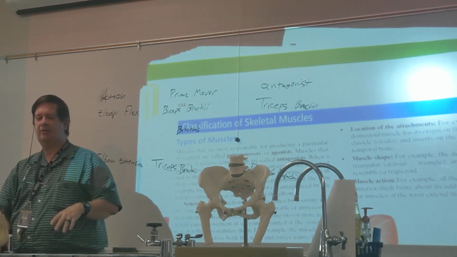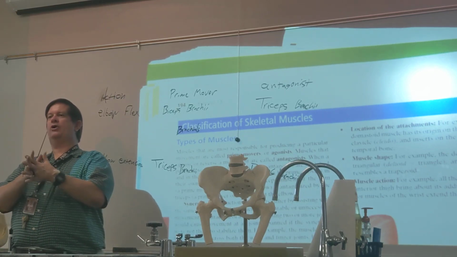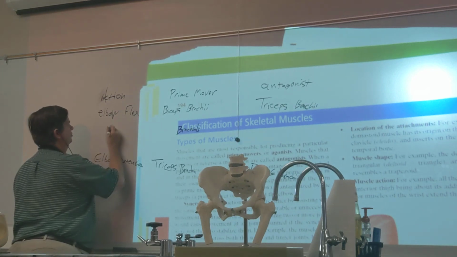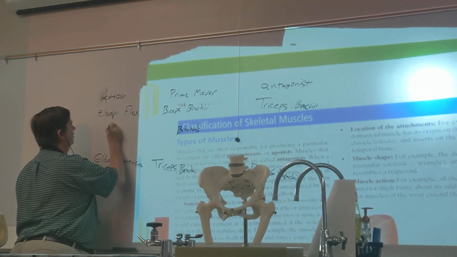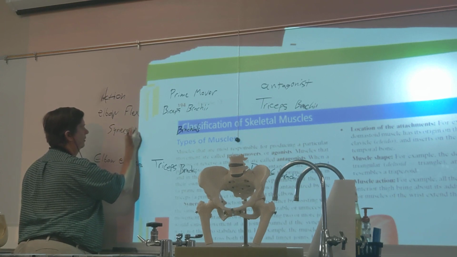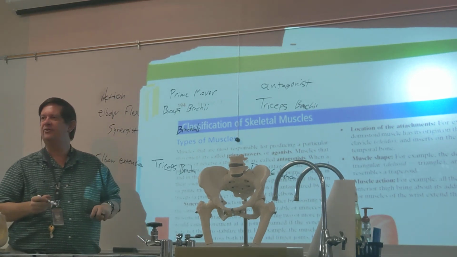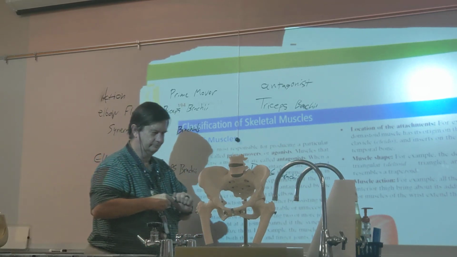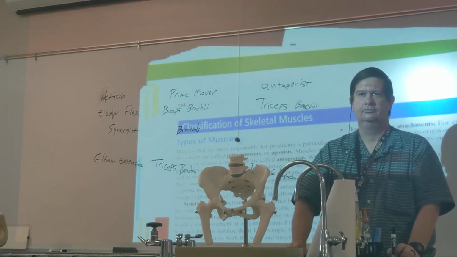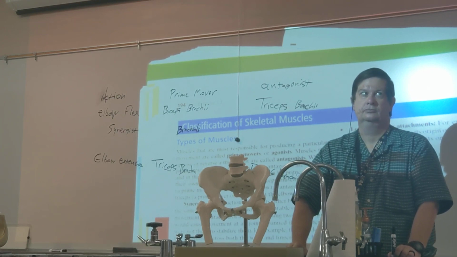We don't call it helper, so we call it a synergist. We're trying to talk like business majors. We work in synergy with, yeah. So a synergist is a helper. Does that make sense? Are we good with that? Is it always that relationship, or are there times where the biceps brachii is the synergist for the brachialis?